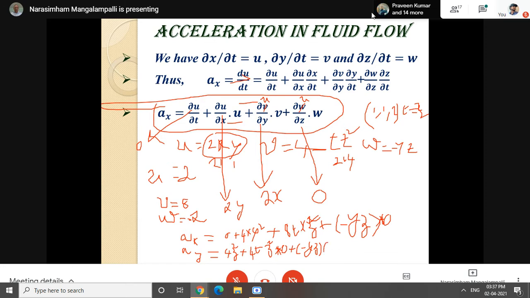What is dou v by dou z? It is 8tz, not 4t. 8tz.